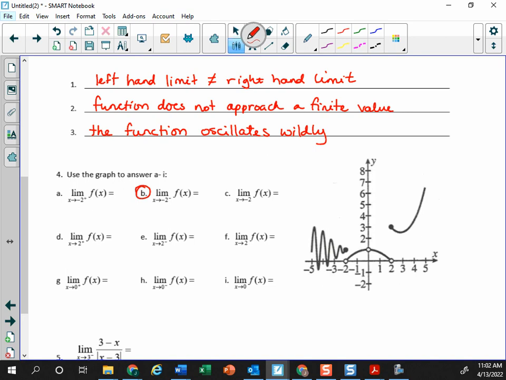I think that one is just like a singular. So I have 0.